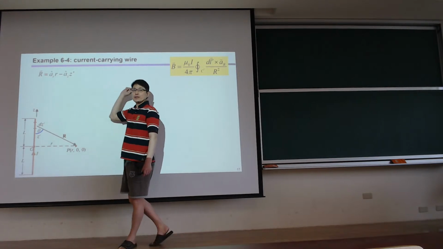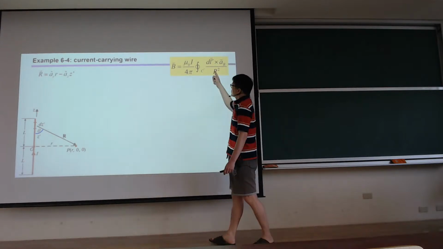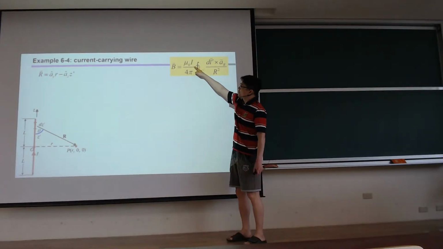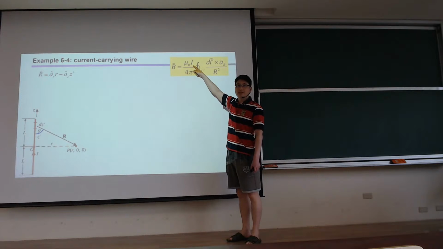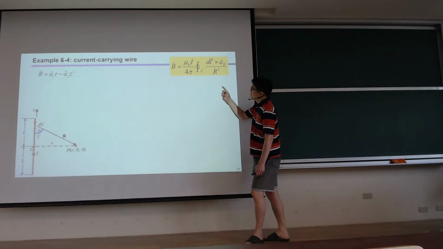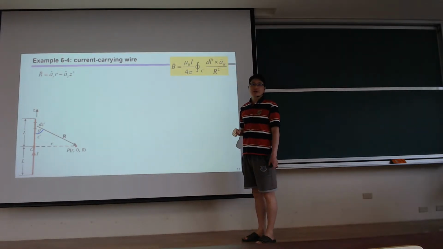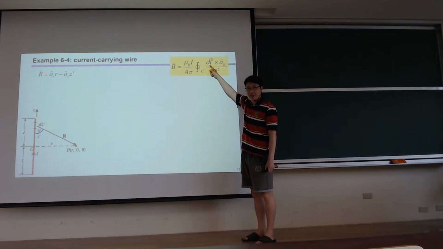Right? We want to invoke Biot-Savart's law. To use it, of course, we already know the current conducted by the wire, which is I. So all we have to know is, when we perform the closed loop integration, we have to have a clearly defined differential length.